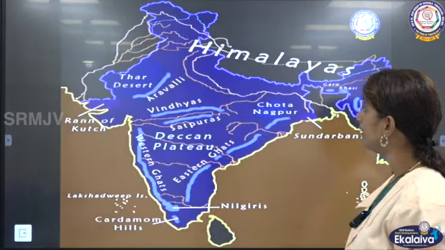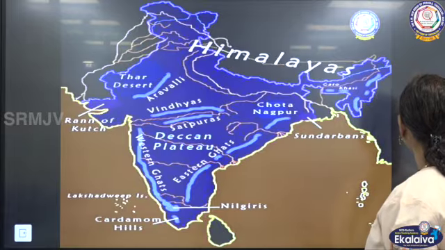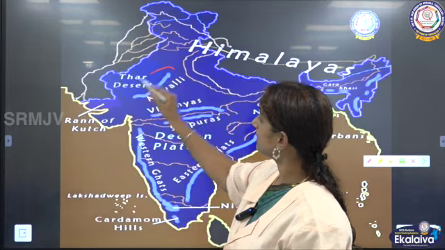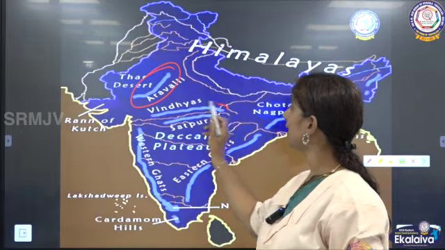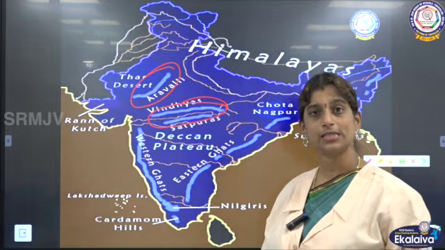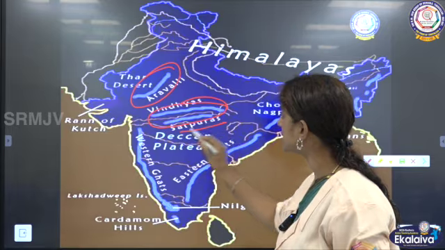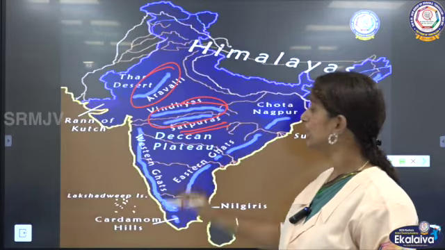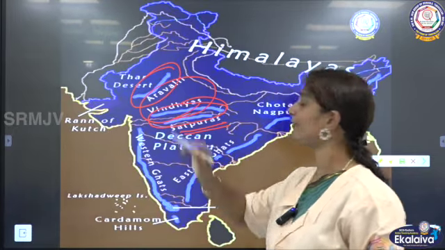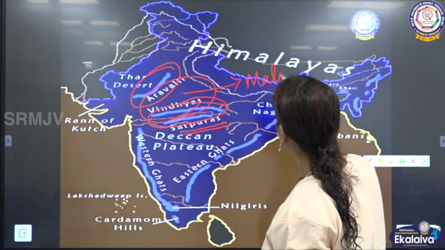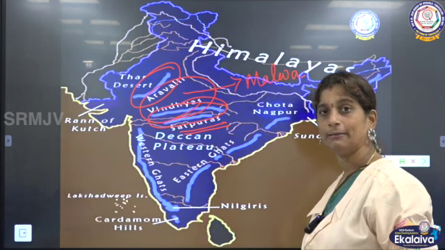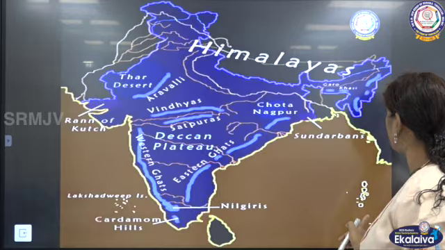Here you could see the Aravalli range in the northwestern part and Vindhyas on the southeast part, and here also you could see Satpuras. So this is where Malwa Plateau is located. Clear? Yes. Next.